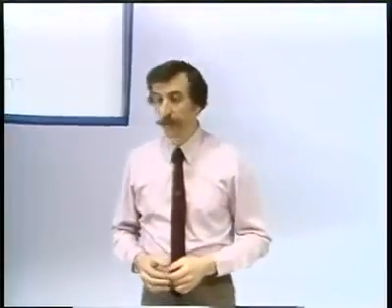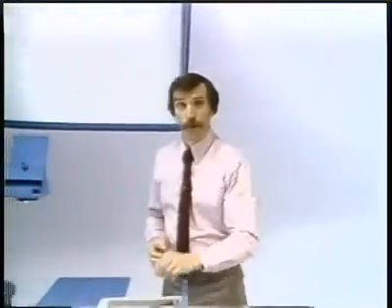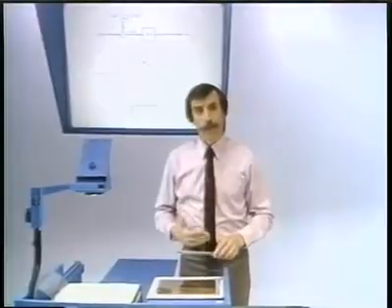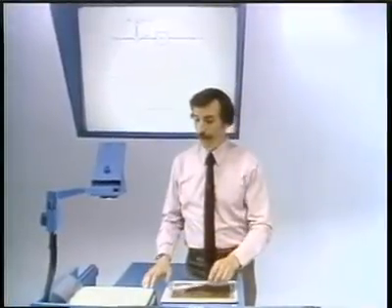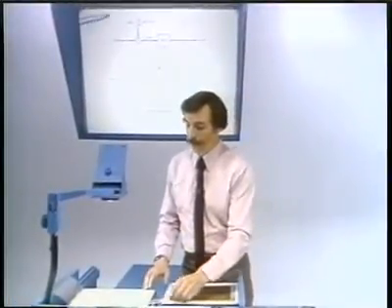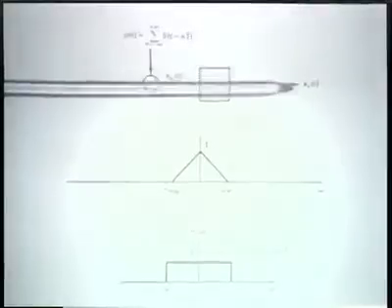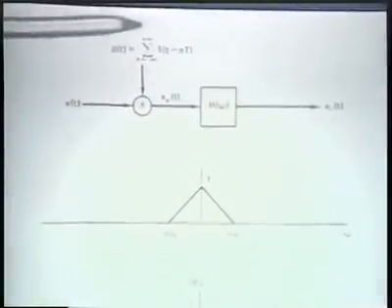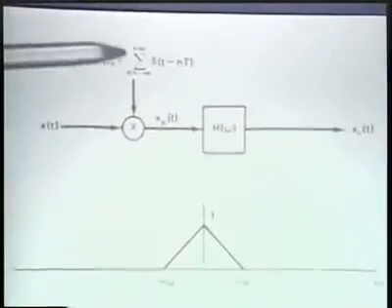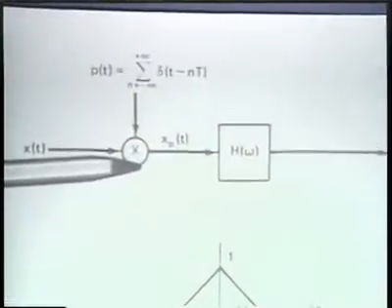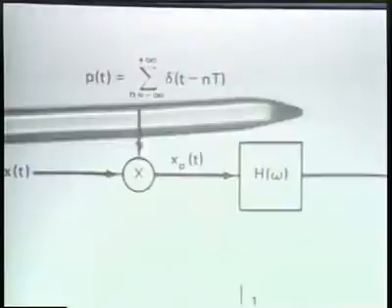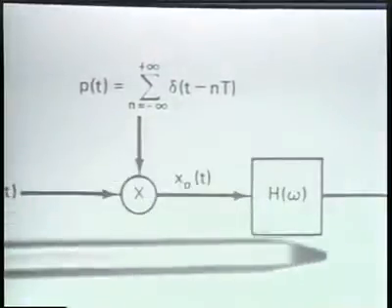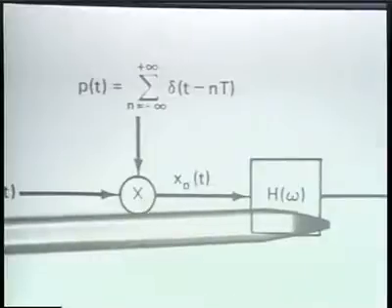To begin, let's again review what the overall system is for exact reconstruction, sampling and reconstruction. The overall system for sampling and reconstruction is as I indicate here. The sampling process consists of multiplying by an impulse train, and then the reconstruction process corresponds to processing that impulse train with a low-pass filter.